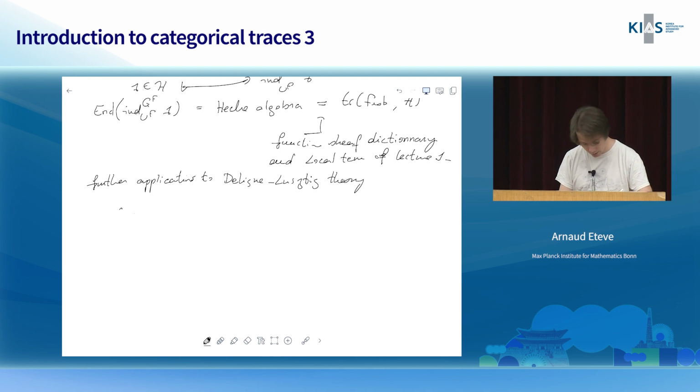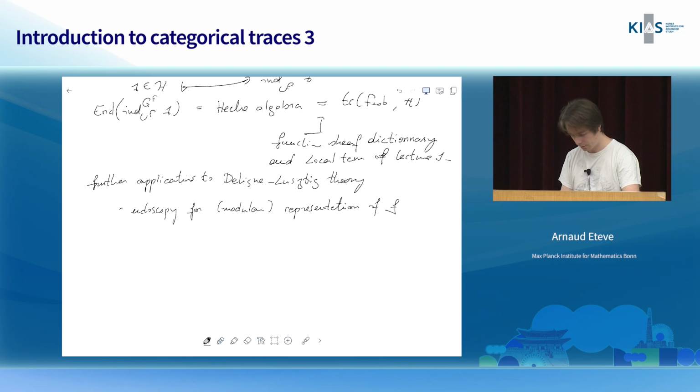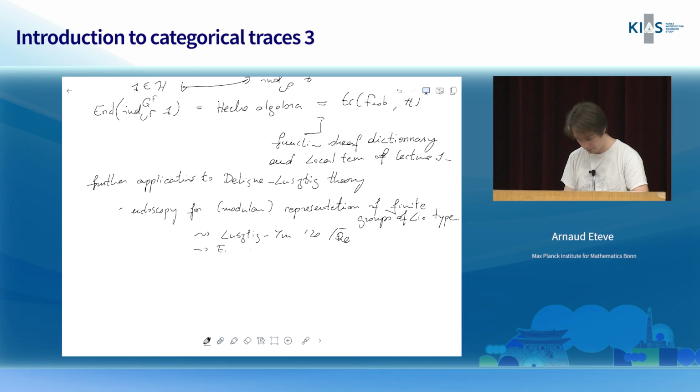So, we can prove endoscopy for modular representations of finite groups, finite groups of Lie type. That is very much due to Lusztig-Yun in characteristic zero over Q_l, and myself, I'm going to say 26 because the update to the paper is coming soon, mod l.